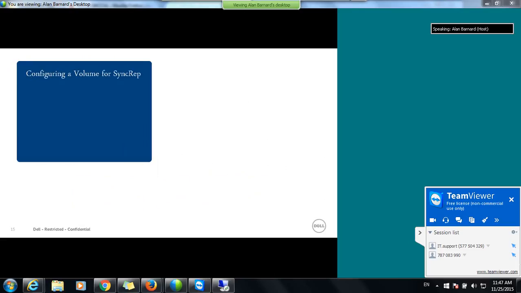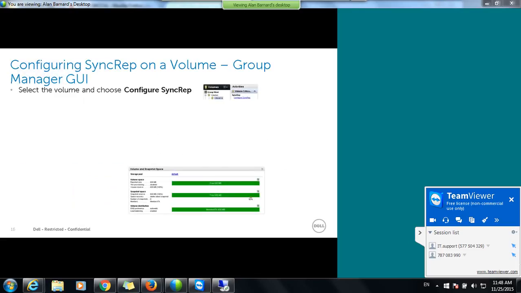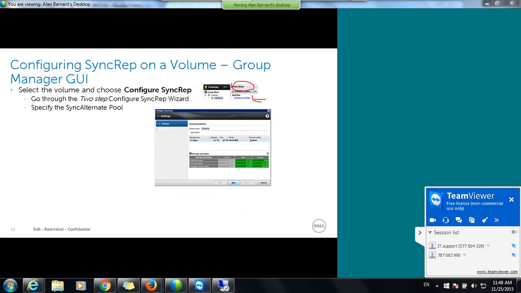How do you configure sync rep? It's quite easy. You select your volume, look at activities, and then configure sync rep. Next, you will have your name for your sync rep volume, and then you pick your storage pool.